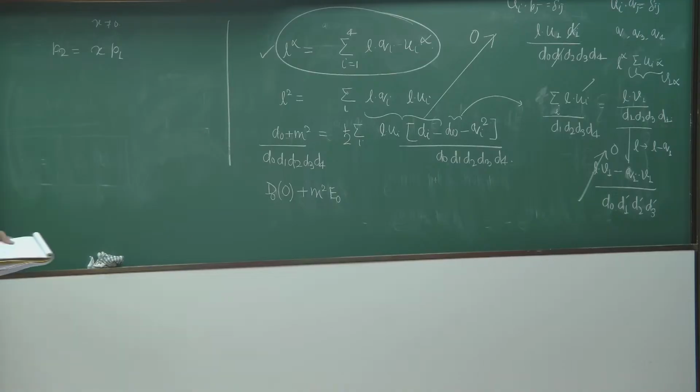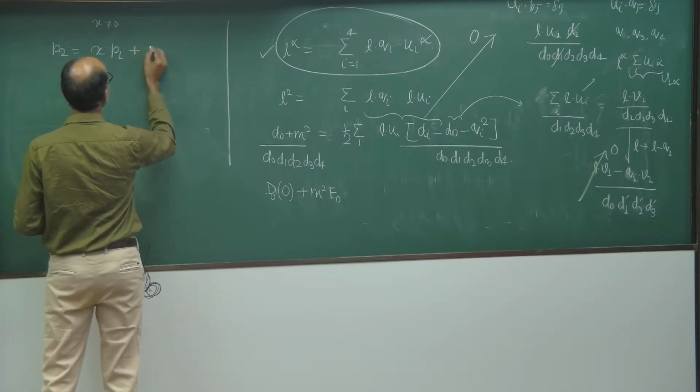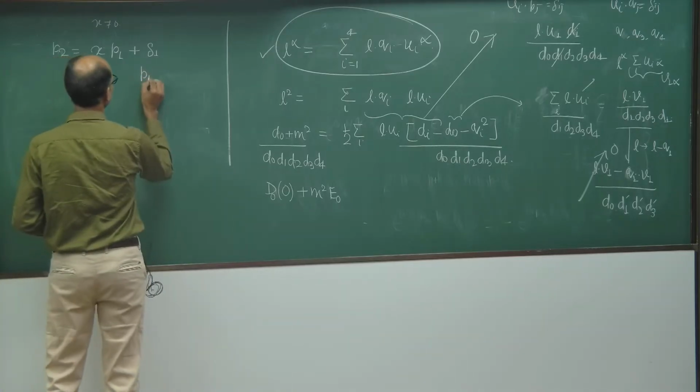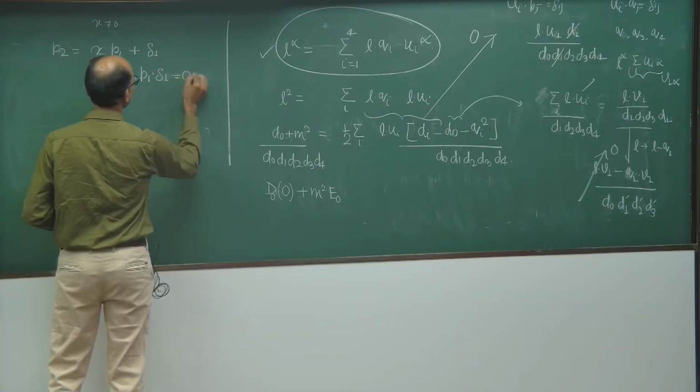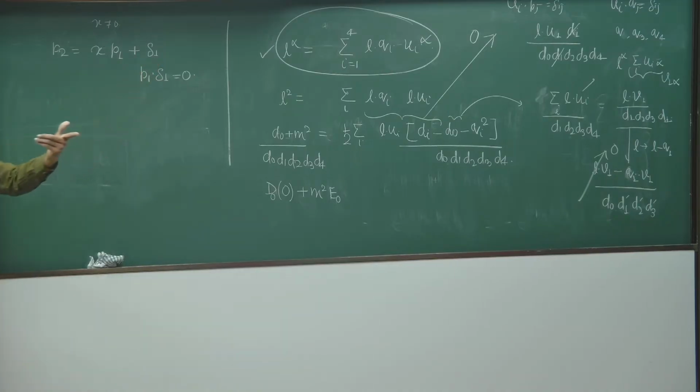What I don't know how to handle, especially numerically, is if I have a component such that P1 dot delta is equal to 0, which is a measure of the loss of linear dependence. If this is 0, then it's completely linearly dependent. If it is non-zero, in a strict sense, they are linearly independent. So analytically no problem, but numerically there is a problem.